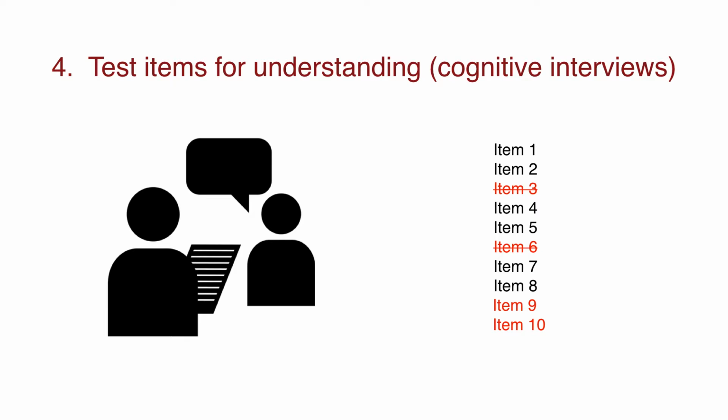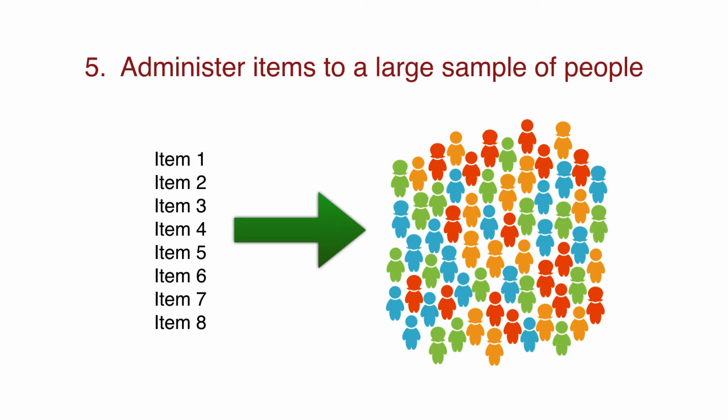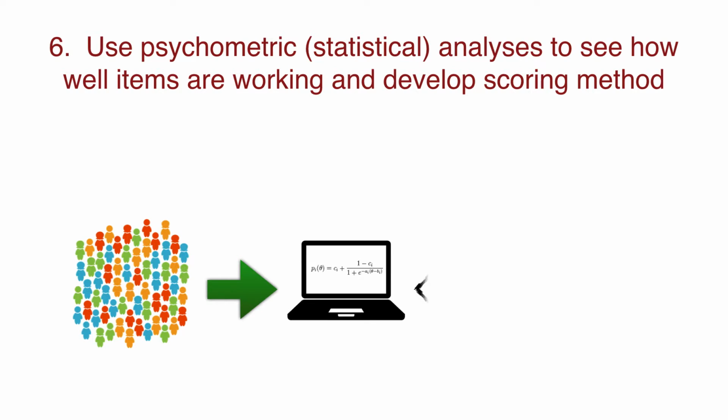Now with the items in hand, we can administer them to a large sample of people. And doing that permits us to do a few things. We can use psychometric or statistical analyses to see how well the items are working and to develop a scoring method. And so we're going to collect a lot of data on maybe hundreds or even thousands of people with our items.